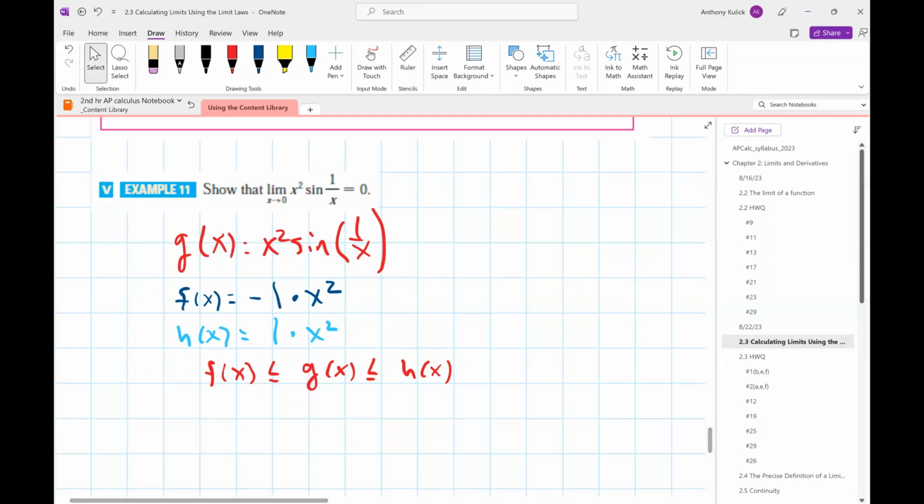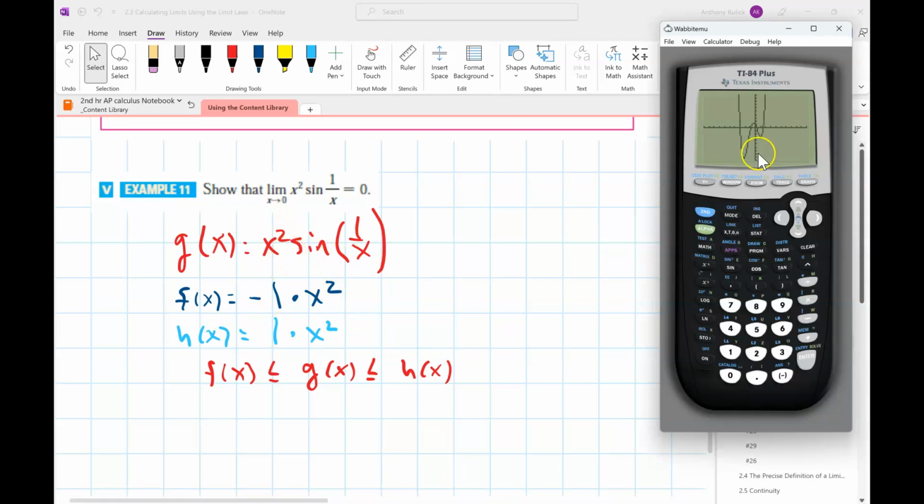So let's just confirm this on our calculator, the graph of -x squared and then x squared times sine of 1 over x. Because here's the thing, Elena: the outputs of sine x and the outputs of sine 1 over x, the biggest and smallest output you can have is still the same, because it's just coming out of sine.